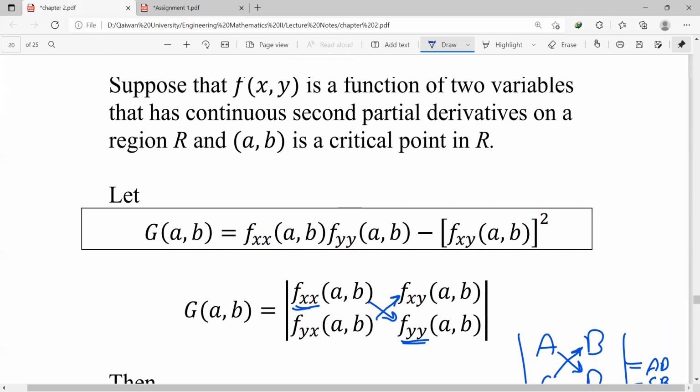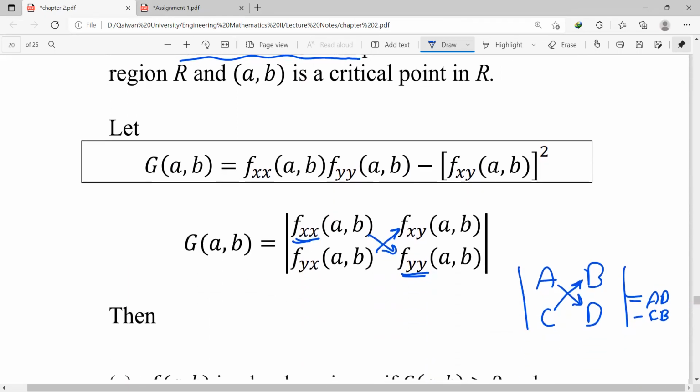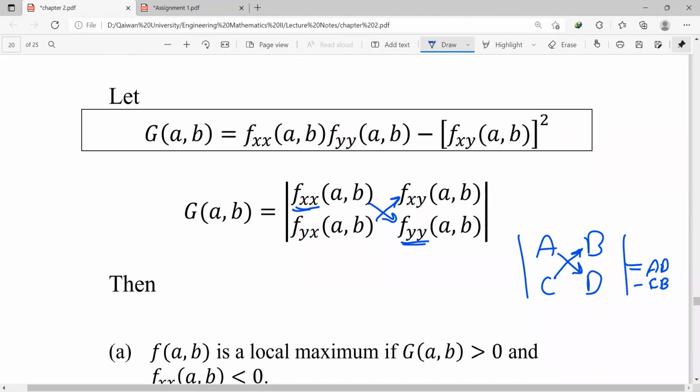And here it says the function is continuous. And we said that if a function is continuous, f sub xy equals f sub yx. These two are equal, if the function is continuous.